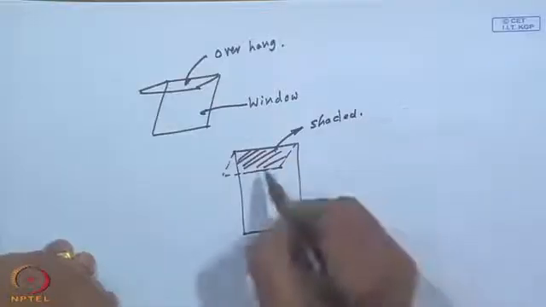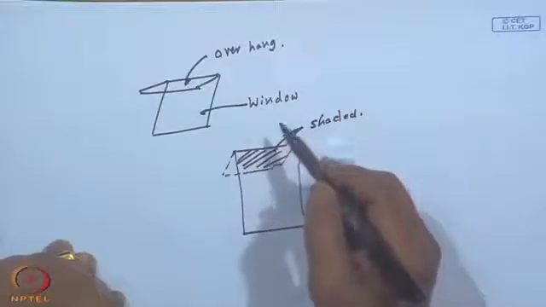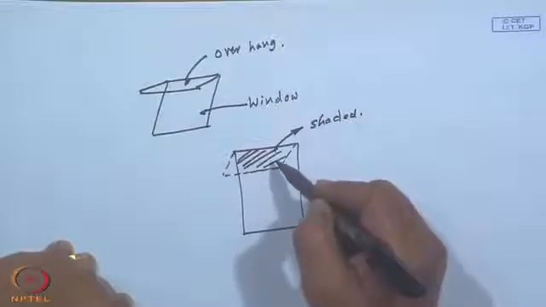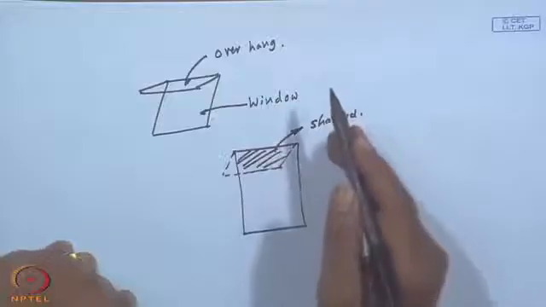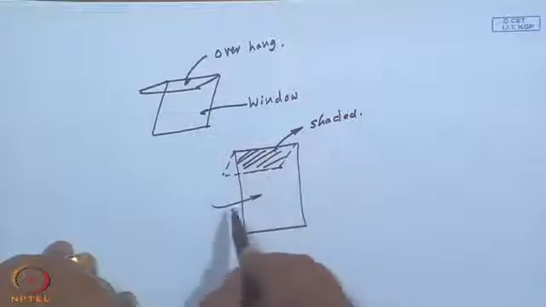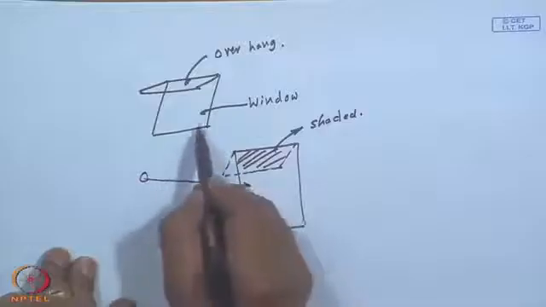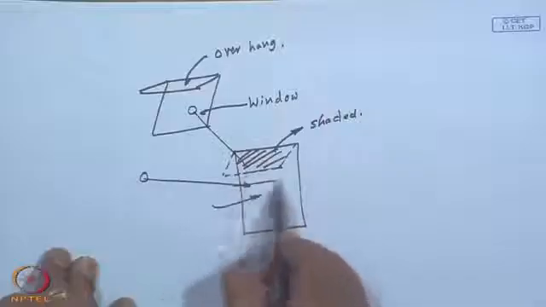What this will provide is, I think commonly we may be having an idea that this is to prevent rain entering through the window. That could be true, but this has got a very functional thing. In winter, the sun is pretty low in the northern hemisphere. So, it will allow the sun's rays, which are at a pretty low level, through the window, and in summer the sun is pretty high up and it will cast a big shadow over here.